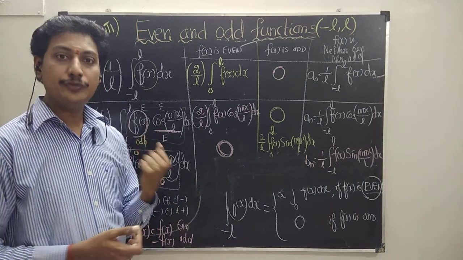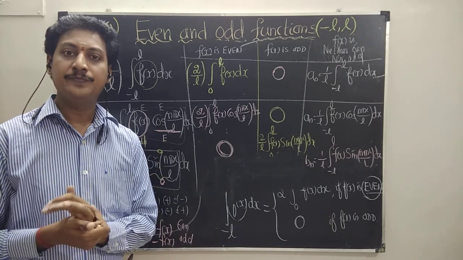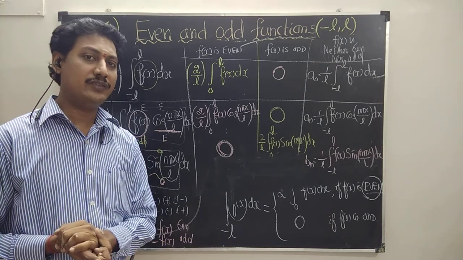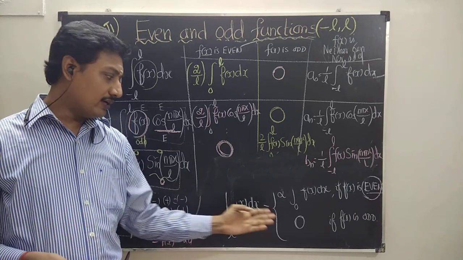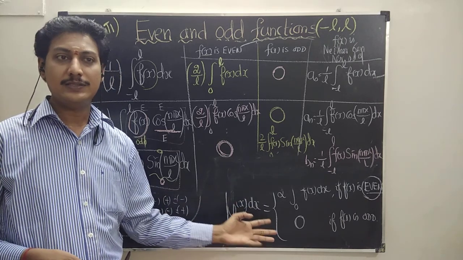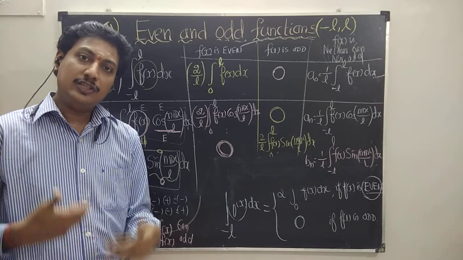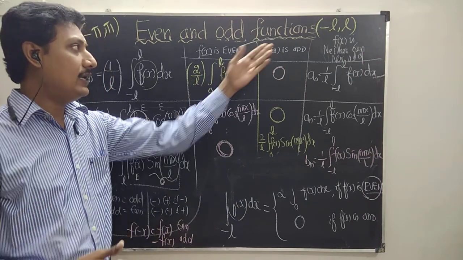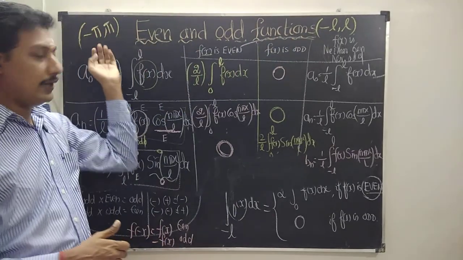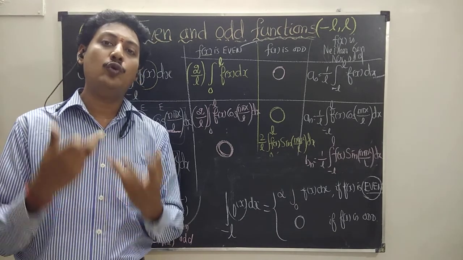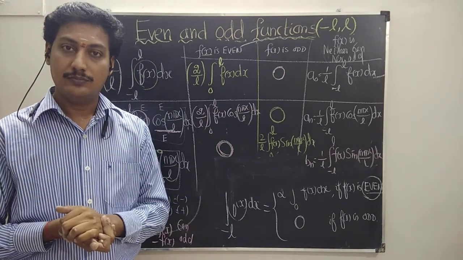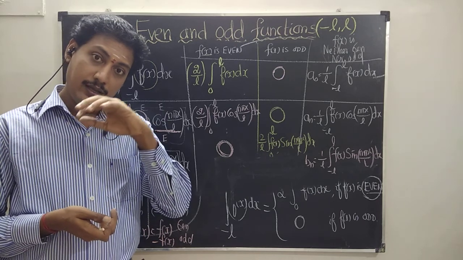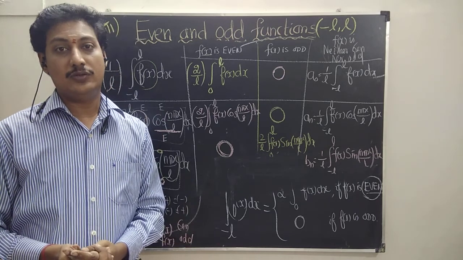Now, what is the use of this? That may be the question for you. Why do we want to check whether it is even or odd? What is the necessity to apply this property? Because sometimes the function is defined in the interval minus L comma L or minus pi comma pi, and only after integration do we come to know that the answer was 0.